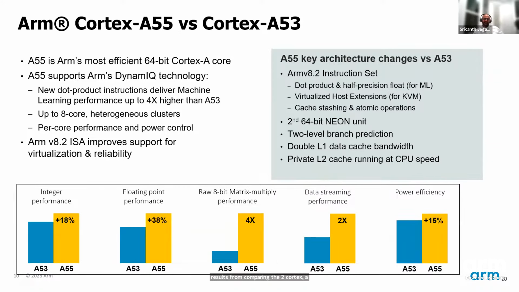You can clearly see here that the Cortex-A55 offers better performance, both integer and floating point, but it also offers better power efficiency. And these are some of the numbers that we actually see from measured silicon results on this product when we compare against our previous generation.